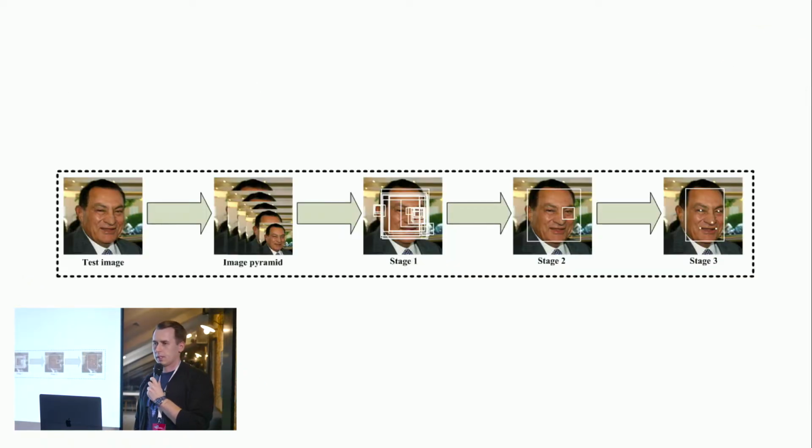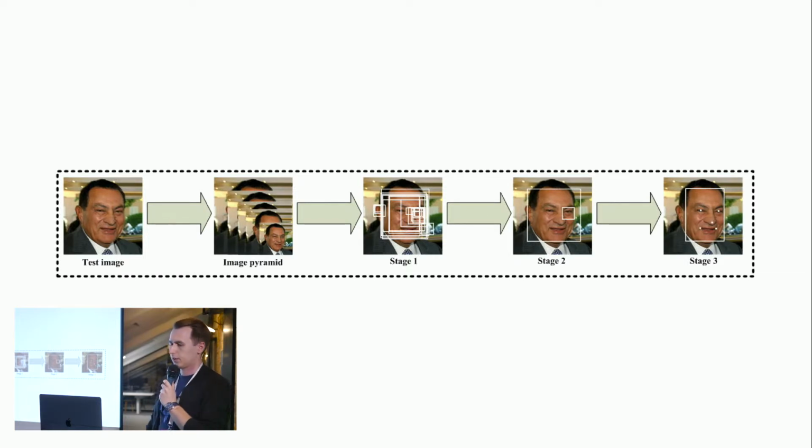The MTCNN is different from normal neural network detection, because it uses three networks, which provide the outputs from one to another. So here we have the test image. We produce the image pyramid, and this image pyramid is transferred to our neural network.